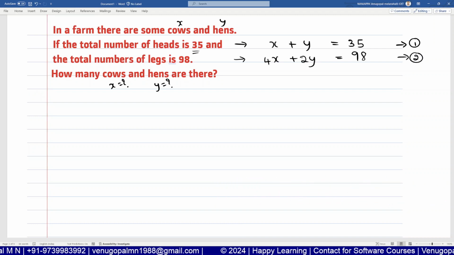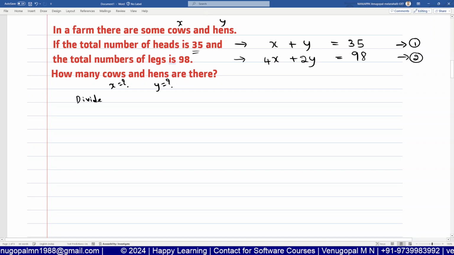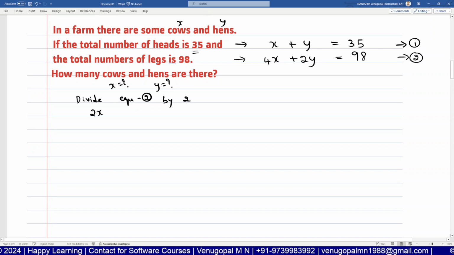So now what we can do, I can divide equation 2 by 2. If I divide equation 2 by 2, this would be 2x plus 1y is equal to 98 divided by 2, you can call it as 49, correct? So this we call it as equation 3 now.